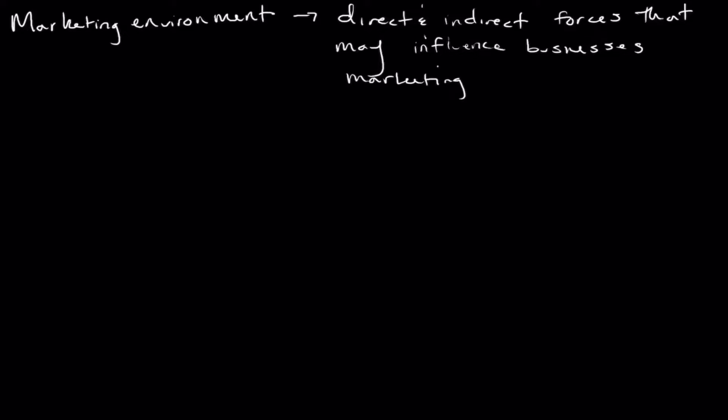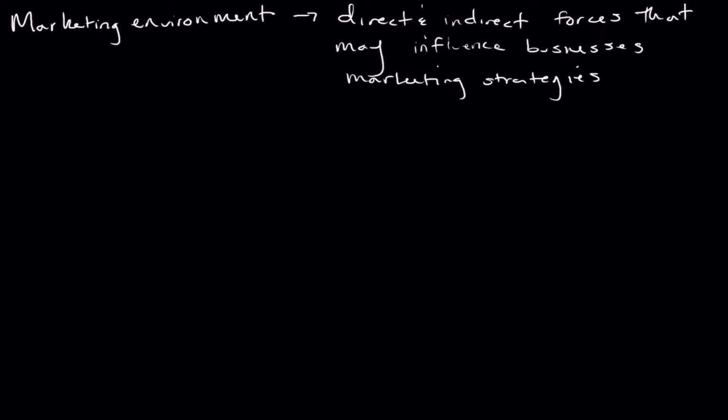Very similar to the external business environment, we're talking about things that are outside of the control of the business. The best that we can do is identify what these are and then try to adjust our strategy. Since all businesses operate in an environment, we need to be aware of what those factors are so that we can make changes.